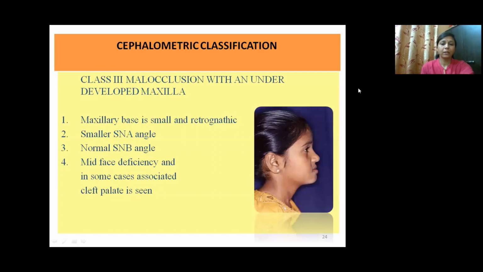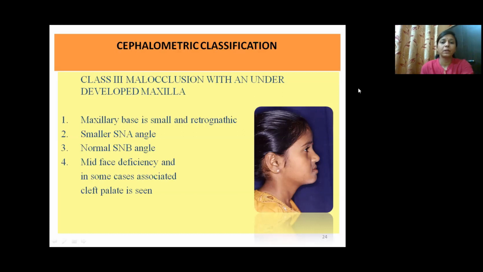So if we again divide the class 3 malocclusion according to cephalometric features, we have two things. Class 3 malocclusion that is due to an underdeveloped maxilla. In those cases, we find a small maxillary base; the length of the maxillary base is smaller than normal.